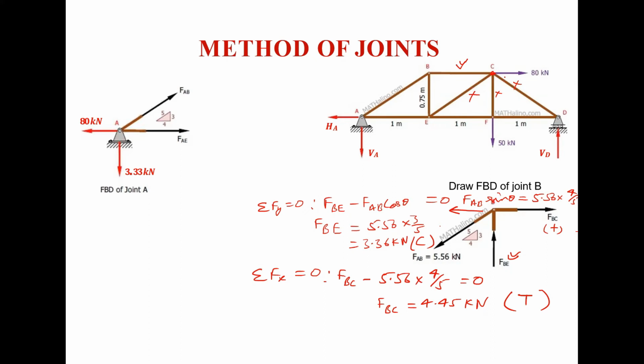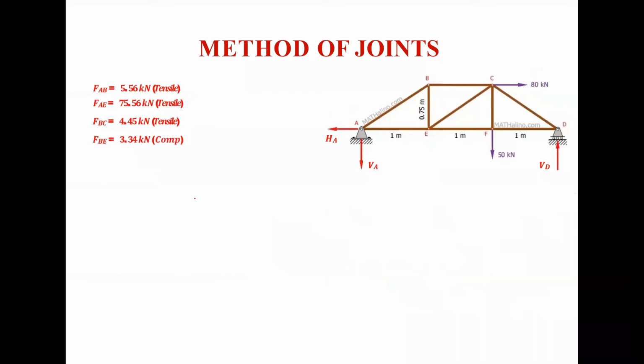So next it is compulsory that we draw the FBD of joint E. Why? Because at this stage we know FBE and we know FAE. Only two forces are unknown, the first one and the second one that we have to find. So we will draw the FBD of joint E.